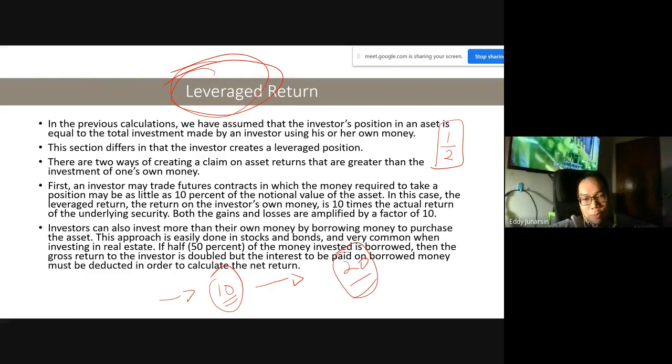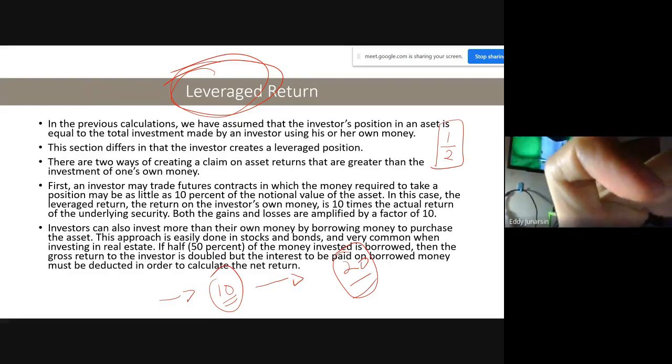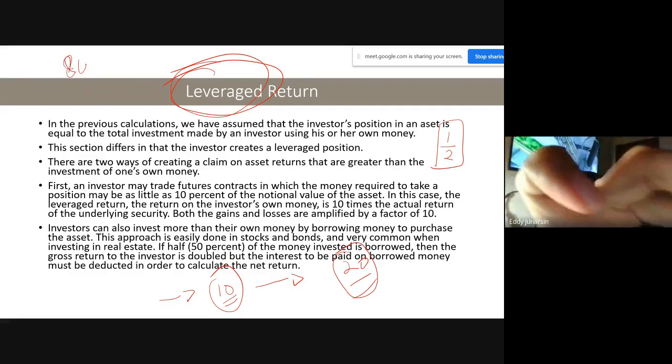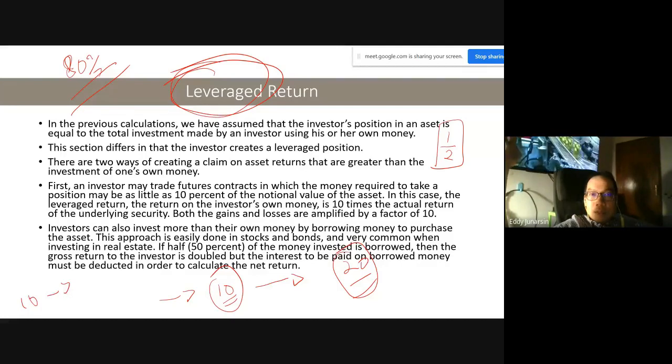Because the margin is 50%. But let me change the story. What if the margin required is 80%? If you put 10,000, how much can be invested?